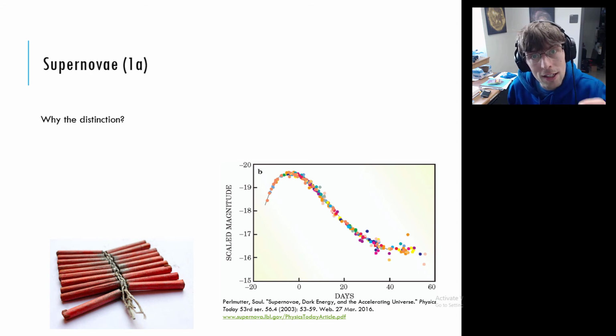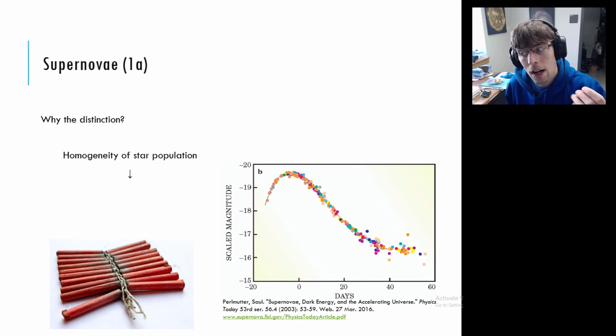What I would argue is that you're using the homogeneity of the firecrackers. The firecrackers are made out of the same stuff, they're the same size, they're the same material. Therefore, you would expect that when they explode, they roughly explode in the same way. Same brightness, same time, everything.